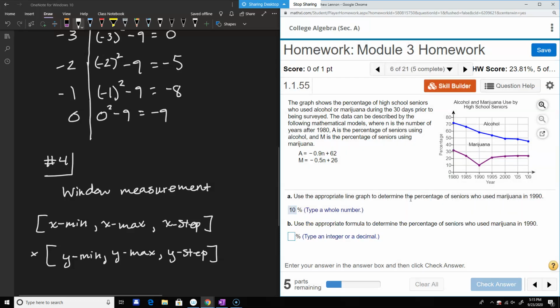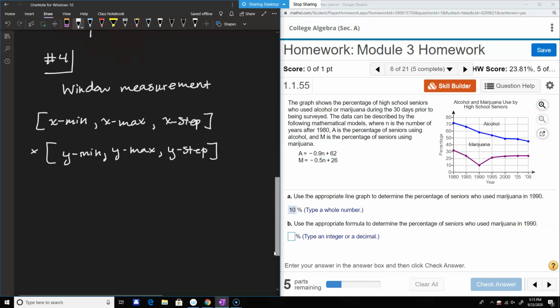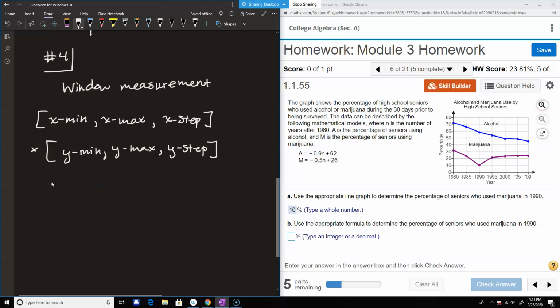And then it says, use the formula to determine how much marijuana use there was. So what is the formula estimating? So the formula for the marijuana use is M = -0.5N + 26.